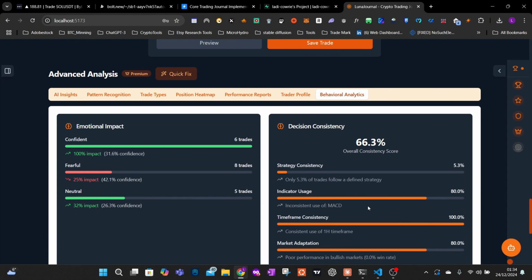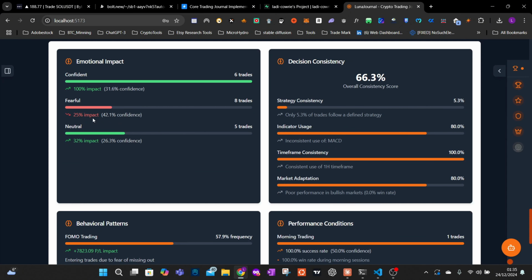For example, if you have multiple losing trades one after the other, we can infer revenge trading, and fearfulness.